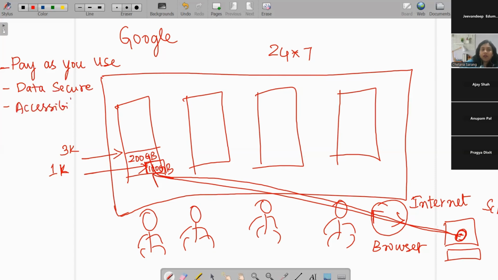I need not run to school when I want to access something. I could be traveling, I could be on a vacation, I could be anywhere. I can still pull out that data and give it to the authorities that are demanding it. So easy accessibility. Pay as you use, data is secure, easy accessibility, and the other thing is scalability.